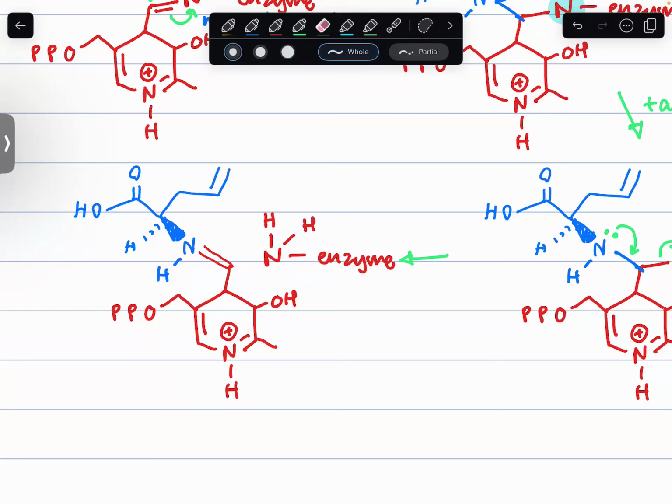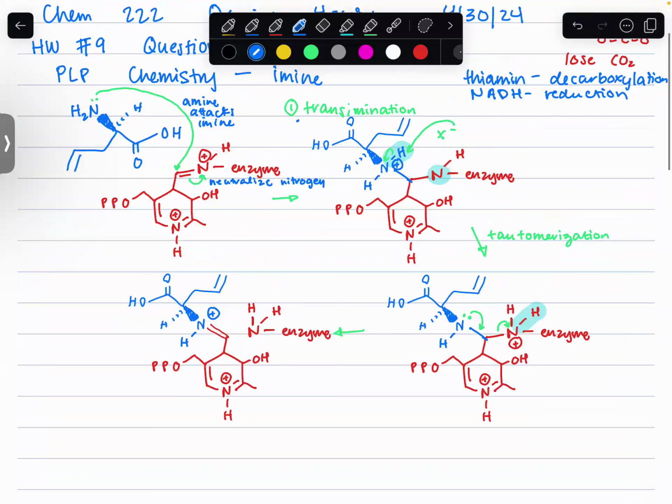So now we have an imine attached to our PLP. So, right, we've taken it off the enzyme. It's now attached to the thing we're going to do chemistry on. So our cofactor is now ready to help. So this was all the first step. This was that transamination.